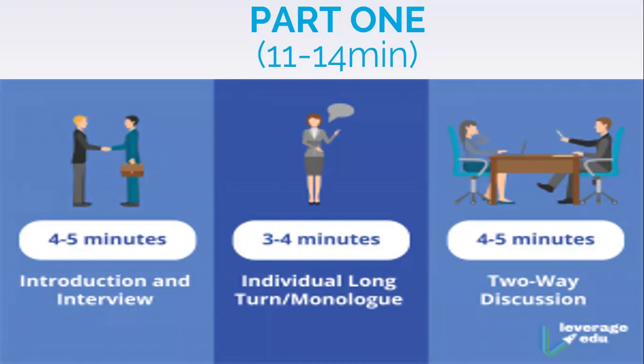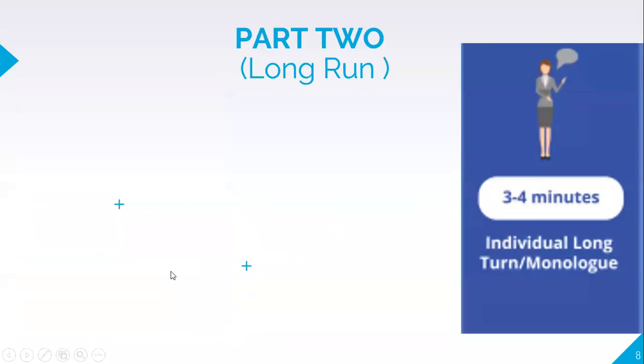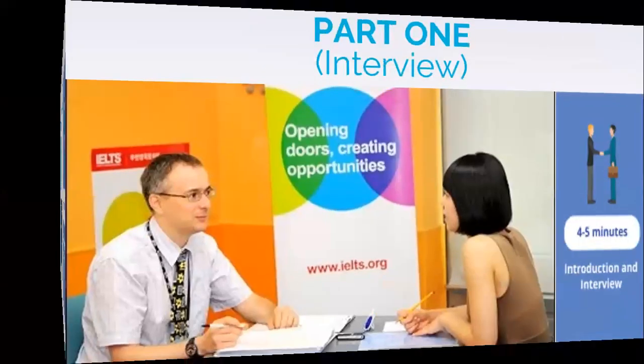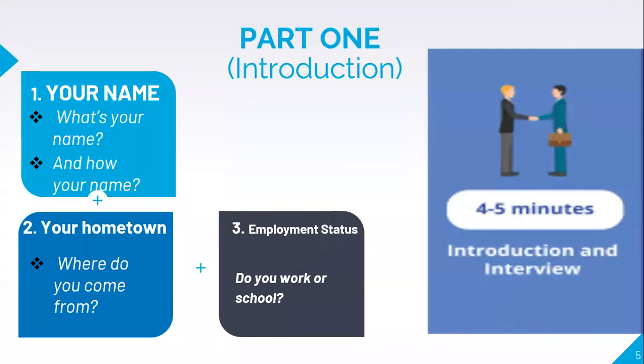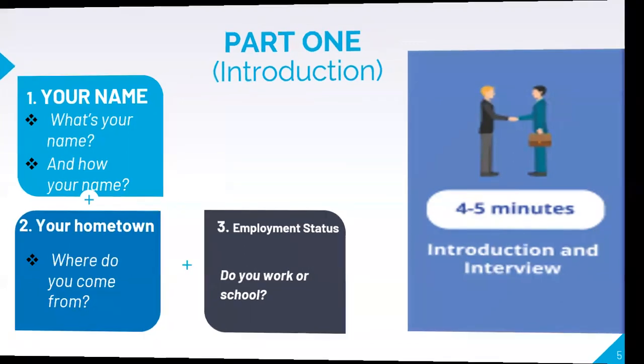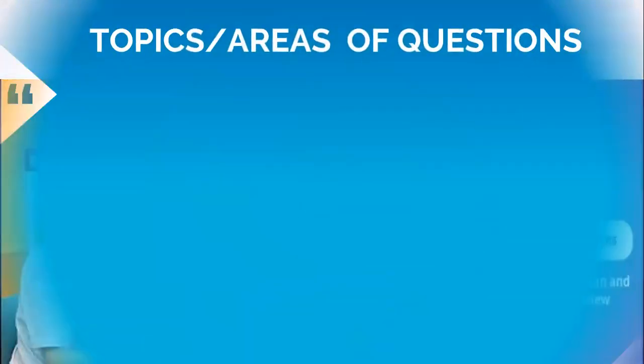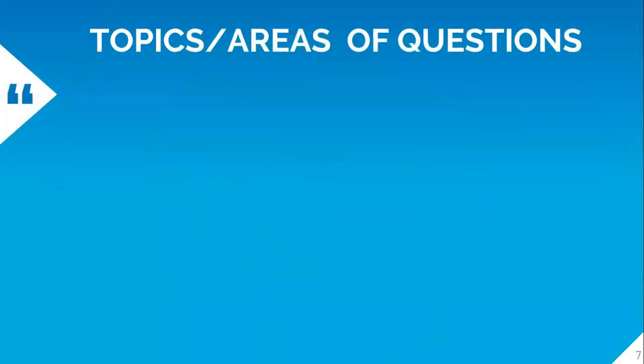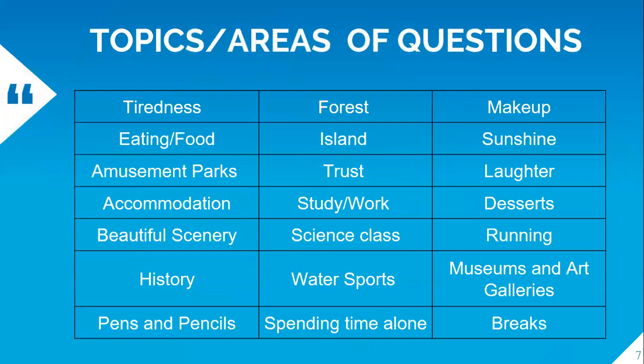So before we go, here is a summary of what we have just looked at so far. We have said that you basically will be given a task to do, and you have several parts of the task. You do your part 1, your part 2. Your part 1 has an introduction and interview. Then your interview questions, or your whole IELTS speaking questions, come from such areas.